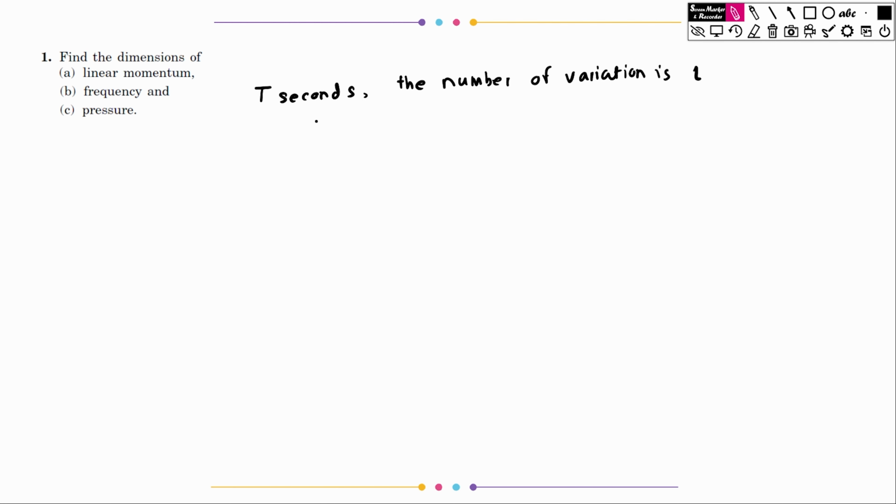Therefore, the number of variations in 1 second is 1 by T. And we just said the number of variations in 1 second is nothing but frequency. Therefore, you can say frequency, which is represented by the symbol f, is equal to 1 by T.